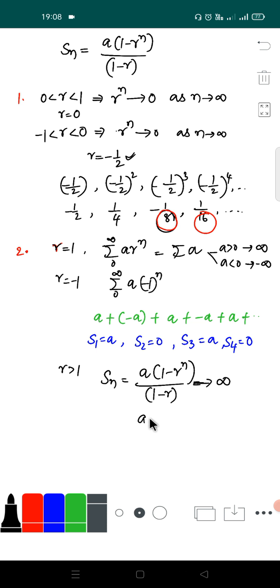Or you can write this as a into r to the power of n minus 1 over r minus 1. In this way, it is clear that it tends to infinity if r is greater than 1.